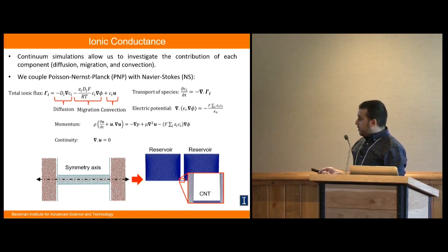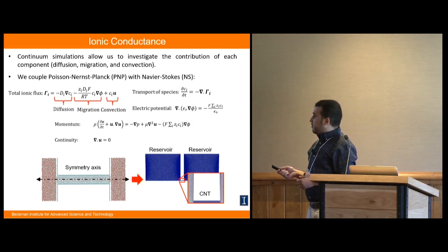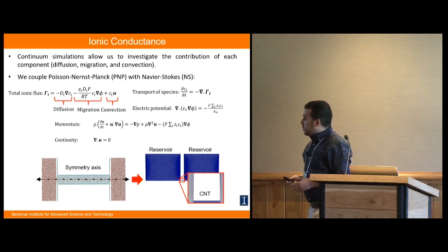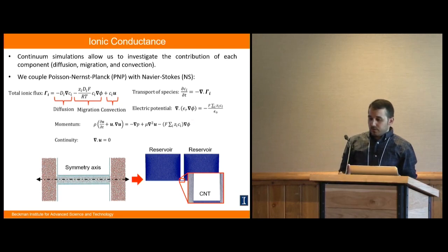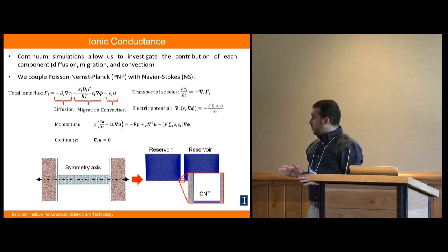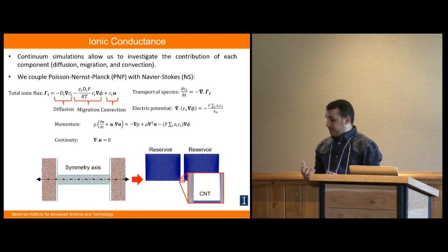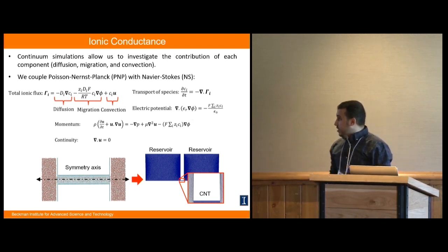So to achieve that, continuum approximation with coupled Poisson-Nernst-Planck and Navier-Stokes is a tool where we can achieve this goal by turning off the velocity and turning on the velocity and studying how this ionic conductance will change.